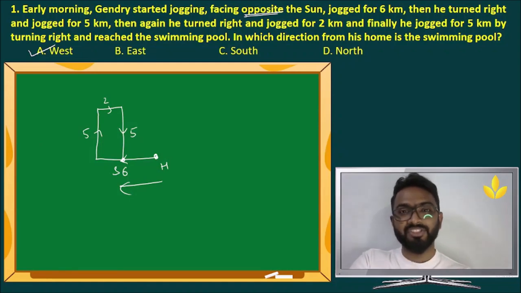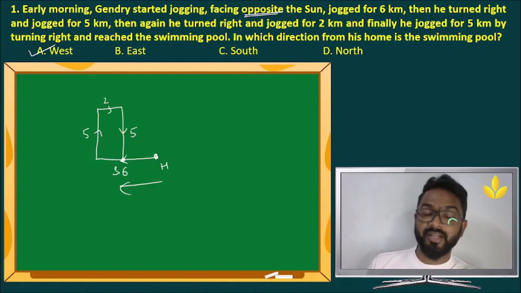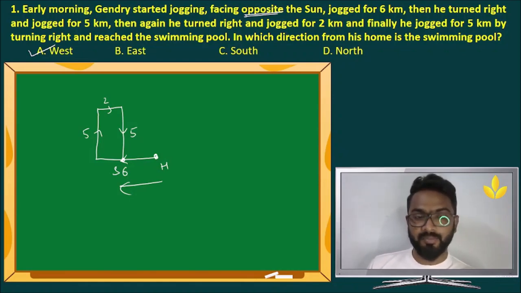Whichever direction is the correct answer, there is a very good chance that the exact opposite direction is also there in the options. It's for those people who read the question opposite and then end up marking the wrong answer. For example, here the correct answer is west, but still east is there in the options, because that is very much confusing for a lot of people.